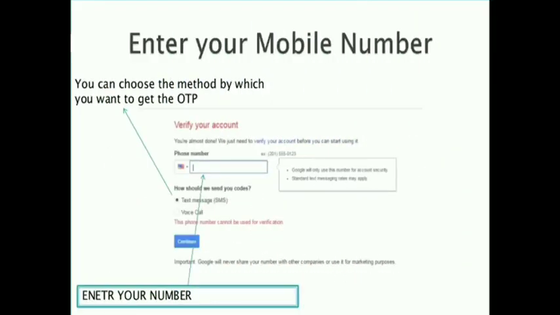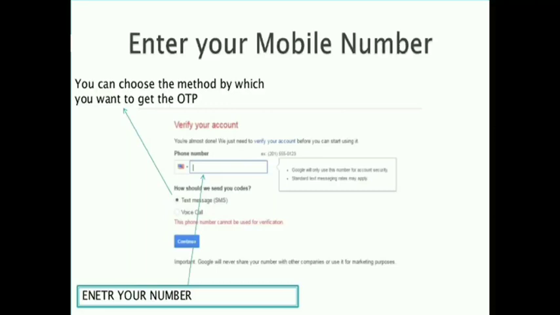Then you enter your mobile number. Firstly, you have to check your country code. Then you have to type your phone number. You can choose the method by which you want to get the OTP, by message or call.